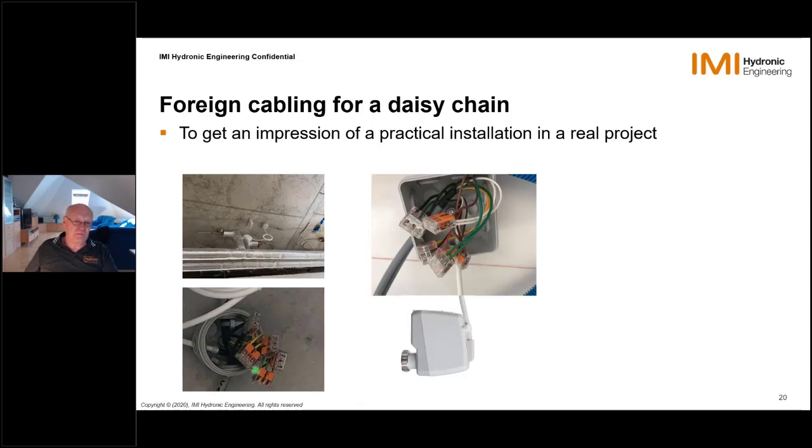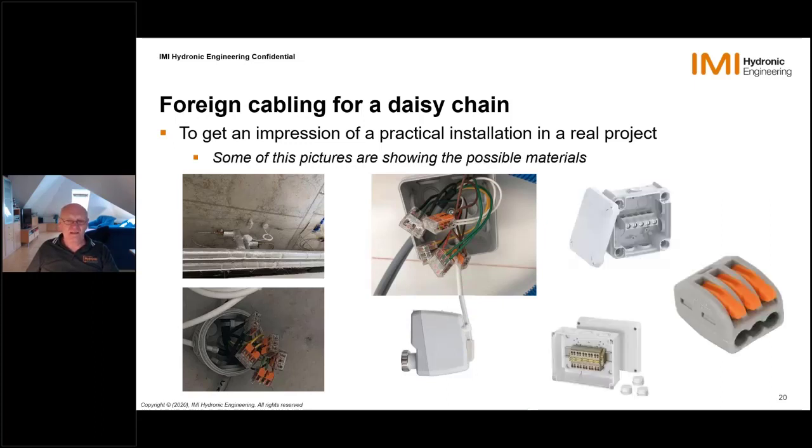The connection box in more detail is here. They are using relatively traditional connection materials. Also here you can see that this is the cable to the actuator, so to say the A cable, and then it's interconnected. And there are different possibilities available.